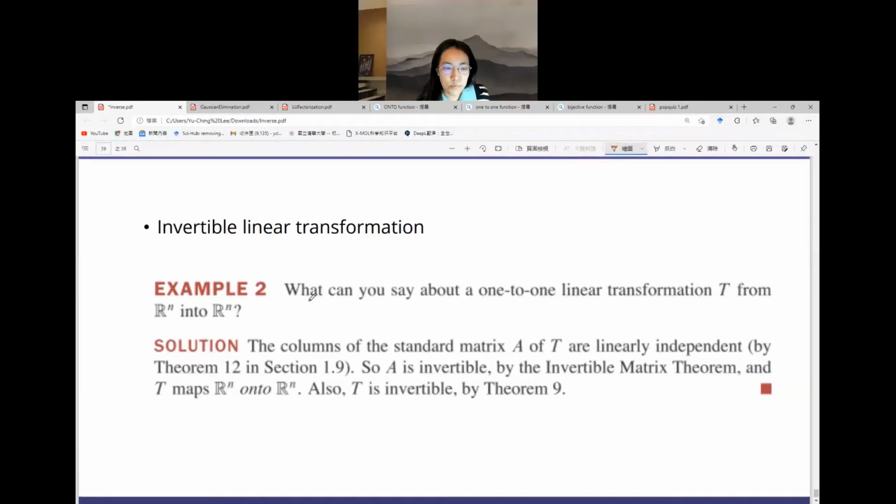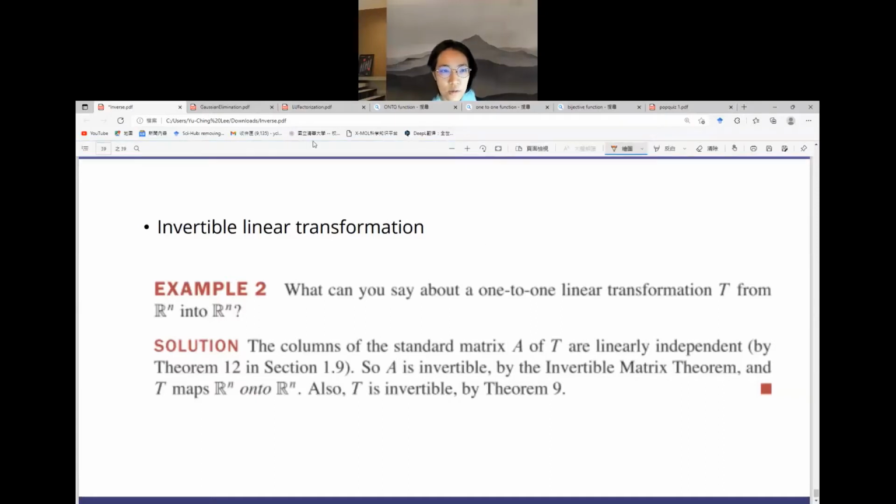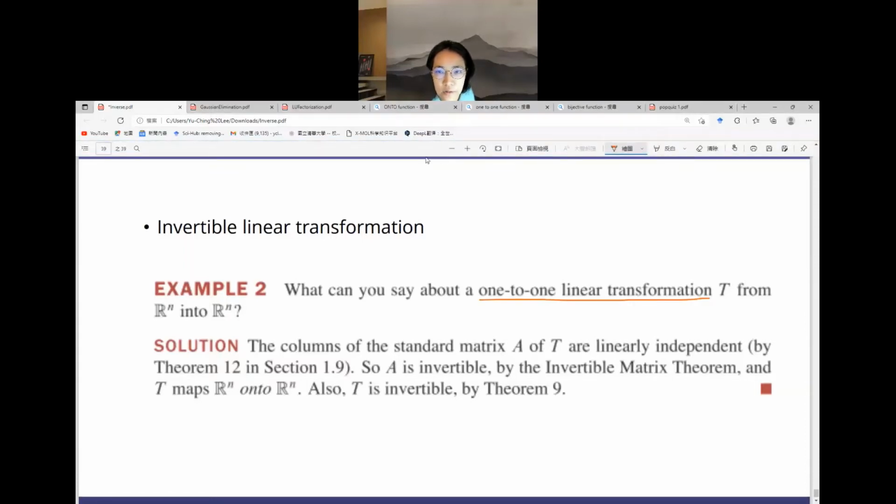Okay, the next example asks, what can you say about a one-to-one linear transformation from Rn to Rn? And actually, last time when I did the survey, I think many of you thought that one-to-one linear transformation, basically a one-to-one function, is not a very clear concept.